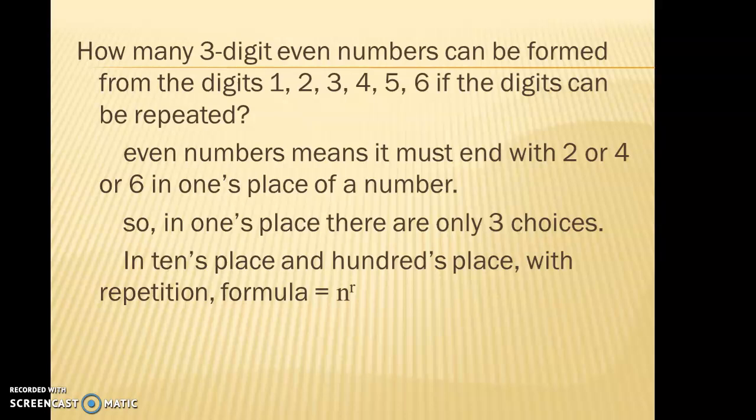So what is the number of choices now? 6 to the power of 2, because 6 digits are there and I have to choose 2 digits out of that. 6 squared is equal to 36. But in the ones place I can have only 3 choices. So multiplying 3 into 36, you will get 108.